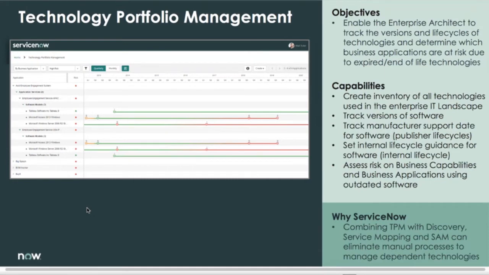Next, here's the technology portfolio management. So this is where you can look at by application. You can start looking at the software models as well as the technology models, and understand the end of life and the end of term of those particular items. So you can practically come over here.